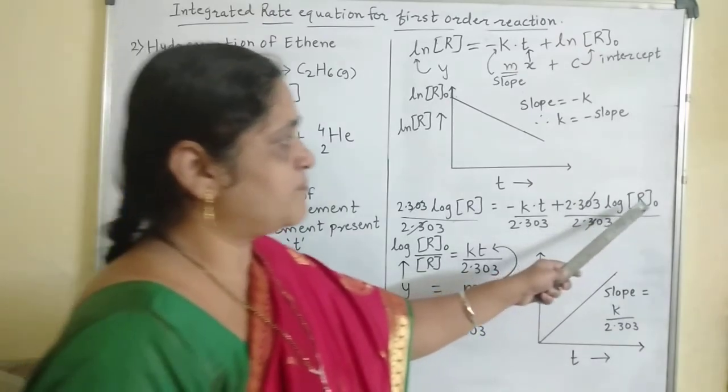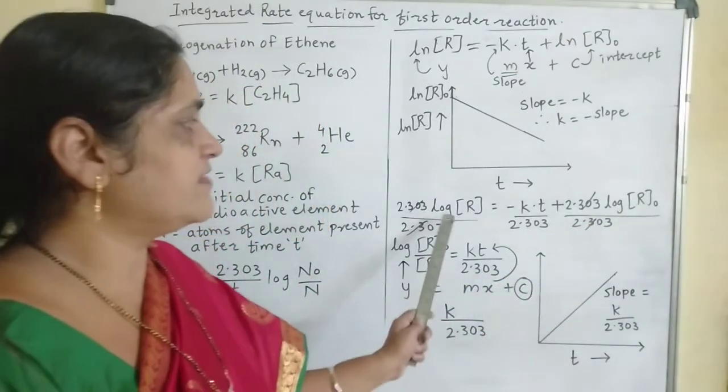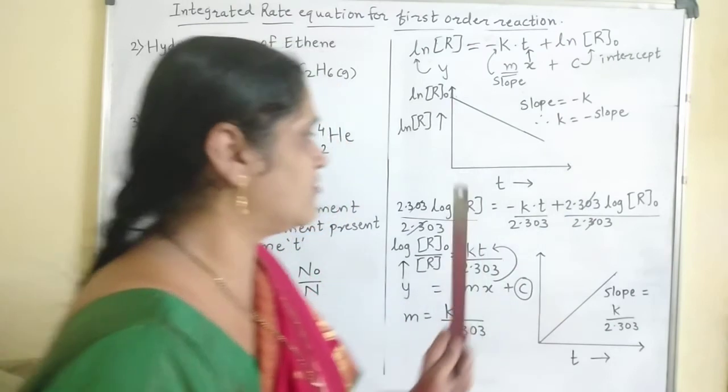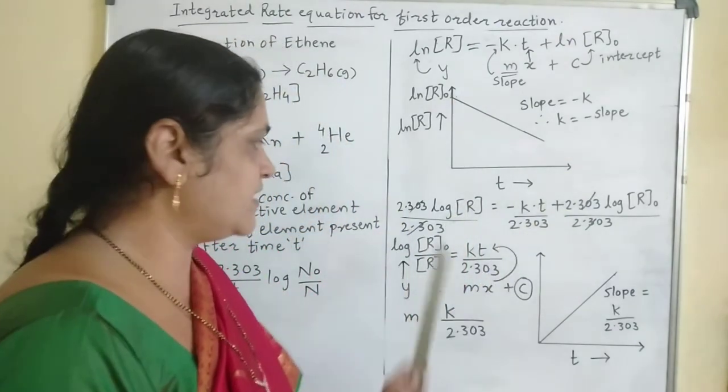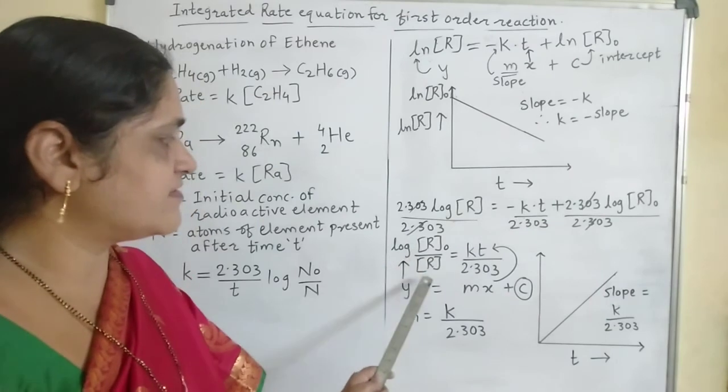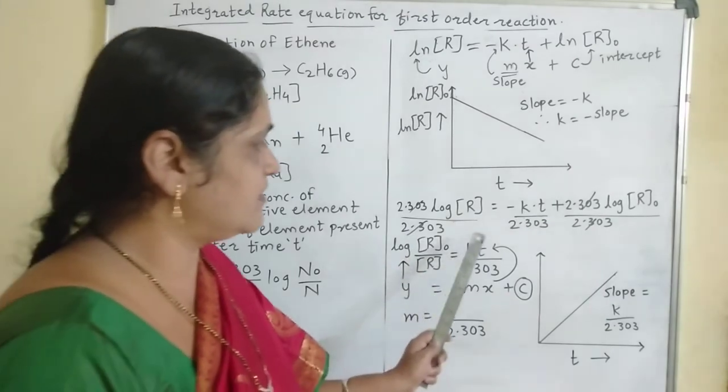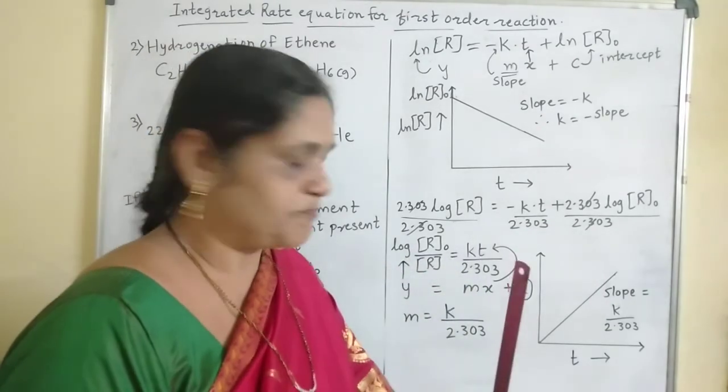If I bring log of R0 to the other side, log of R goes over that side and kt comes this side, so kt becomes positive. So log of concentration of R0 upon R is equal to k into t upon 2.303.